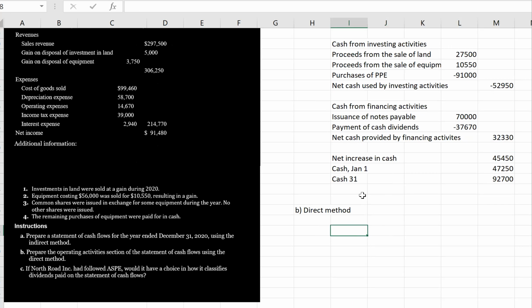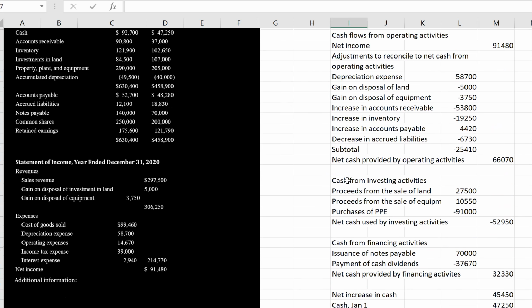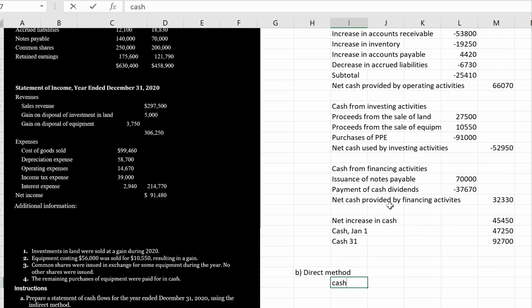So we don't start with net income. We're not starting with accounting income and adjusting it to a cash basis. We're simply starting with a cash basis. So the first thing we're going to have here is we're going to have our operating activities section. So cash flow from operating activities.